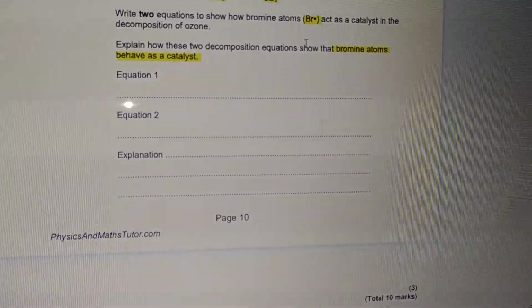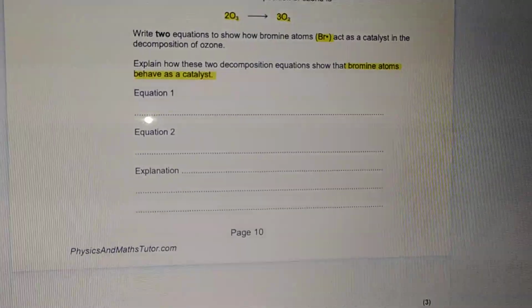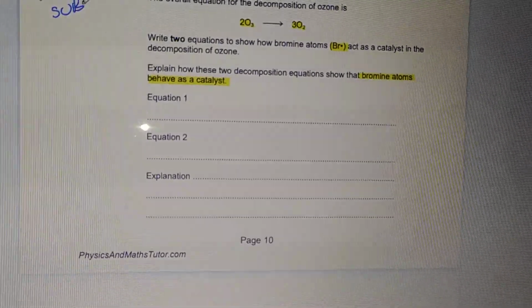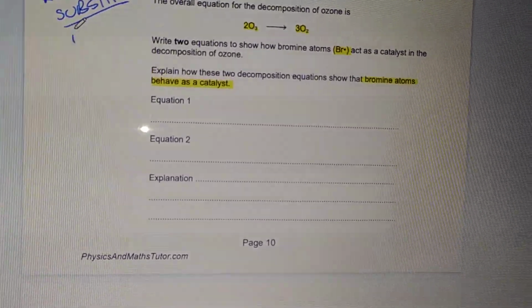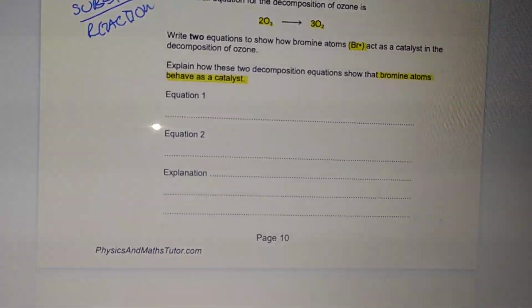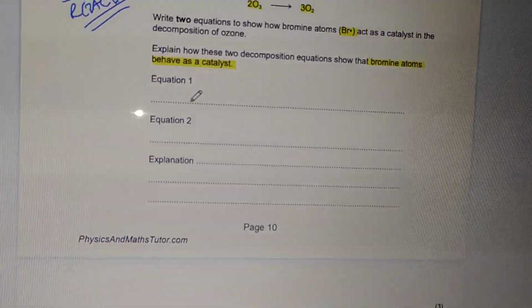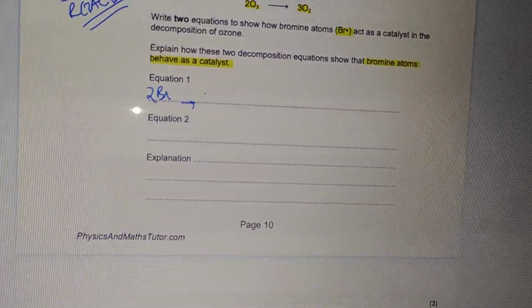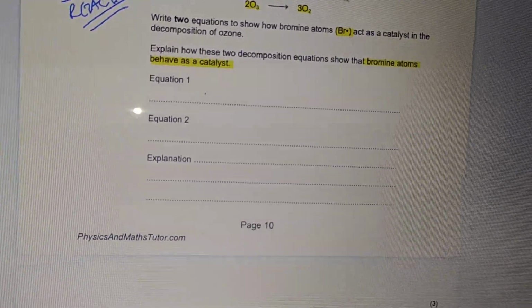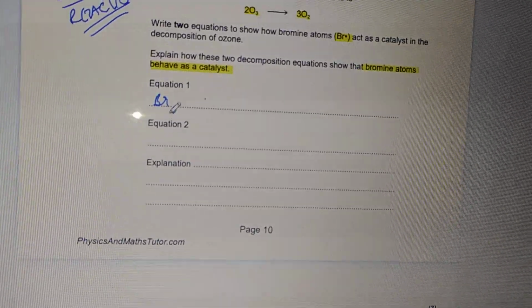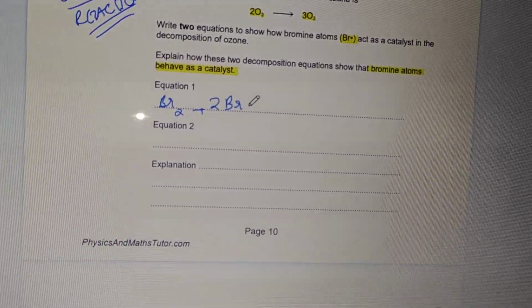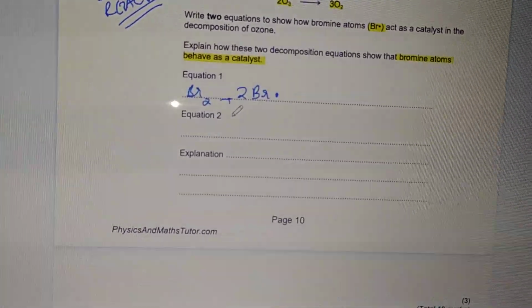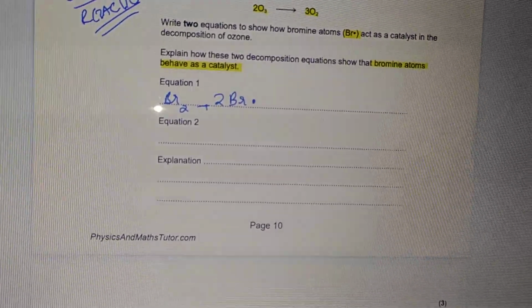This is where you have to start your free radical substitution methods, leading to the beginning of how the bromine forms. But in this case, this is the initiation reaction.